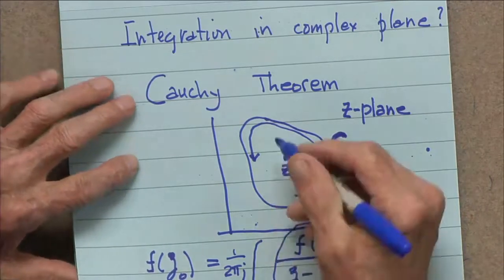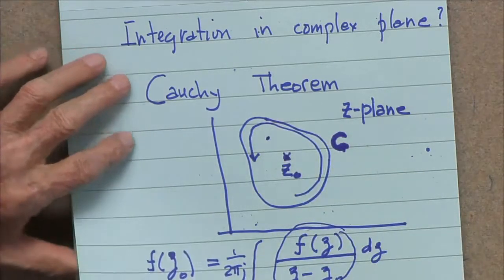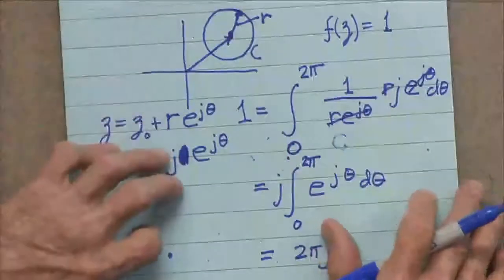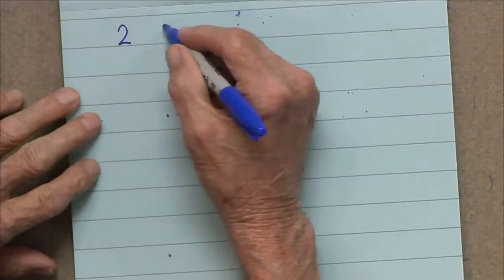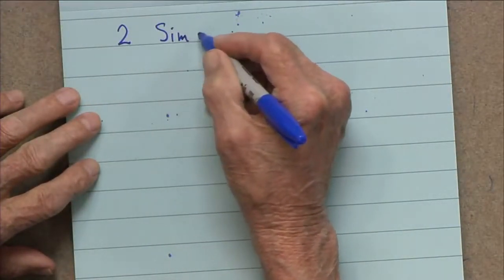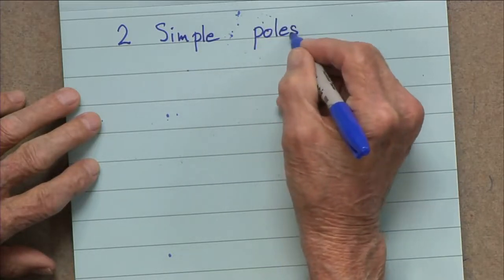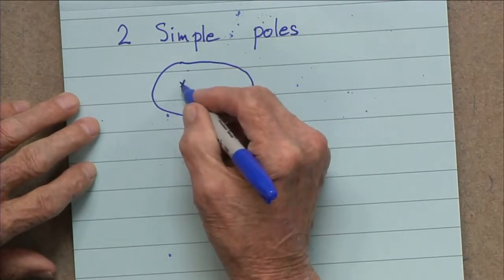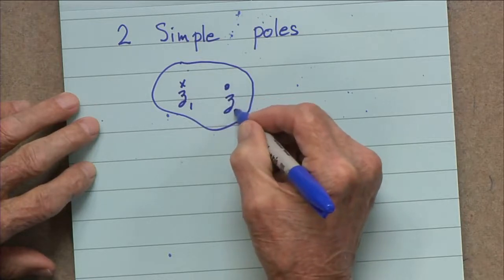Now, if this thing has two simple poles, then the integral around the contour at pole 1, and I got another pole Z2.